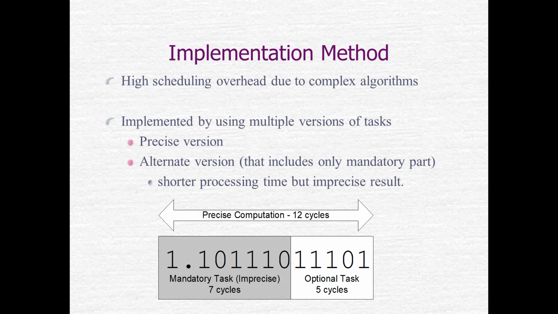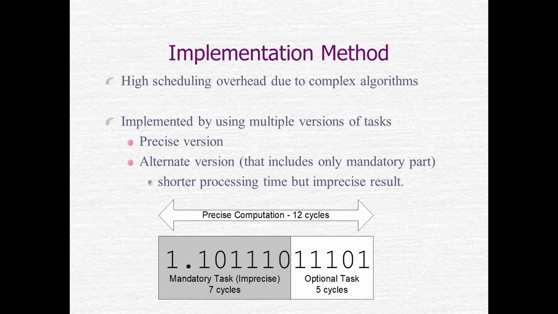Implementation method: high scheduling overhead due to the complex algorithm implemented by using multiple versions of a task. Precise version, as we discussed, means we will execute both. Alternate version includes only the mandatory part, not optional.